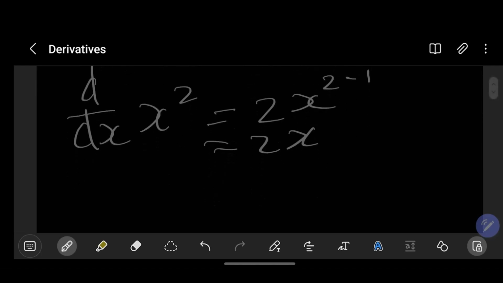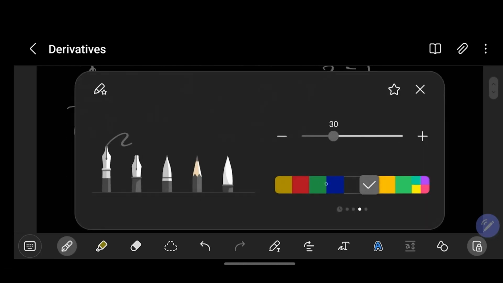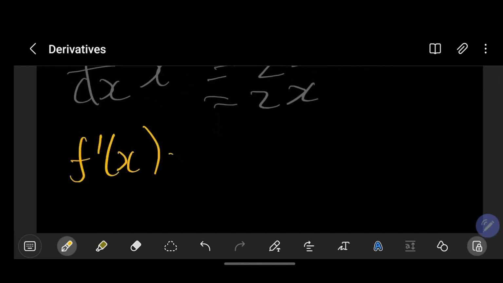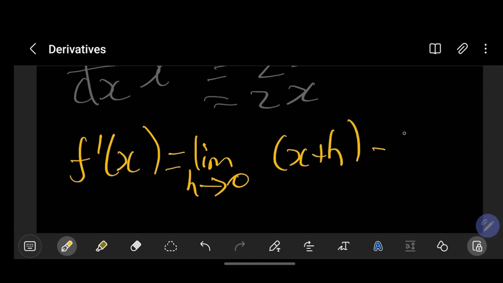So we know earlier on when I did introduce this topic to you, we know that the definition of a derivative is f prime of x equal to the limit as h approaches 0 of f of x plus h minus f of x, all over h.